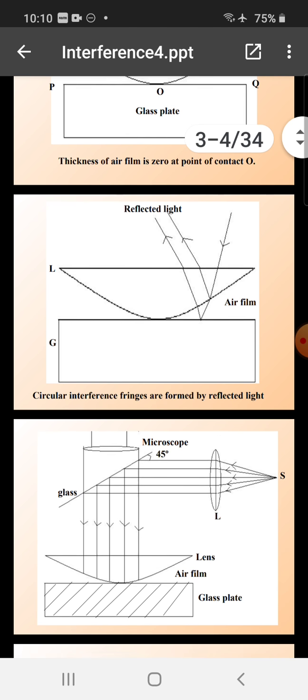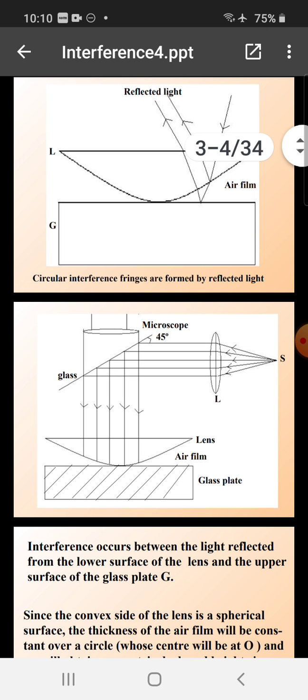Now the main experimental arrangement of this consists of a source of light and a convex lens, a glass plate placed at an angle of 45 degrees to the incident light, and the interference fringes are obtained and seen through a microscope.